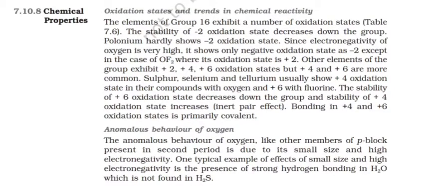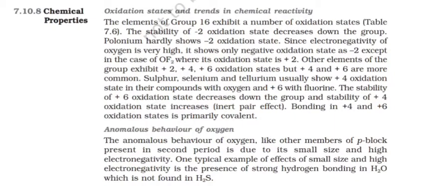Since the electronegativity of oxygen is very high, it shows only the negative oxidation state of -2, except in the case of OF2 where its oxidation state is +2. Other elements of the group exhibit +2, +4, +6 oxidation states, but +4 and +6 are more common.